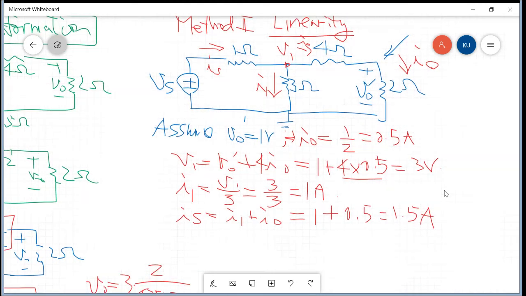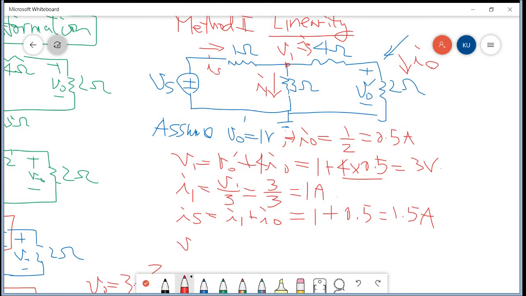So finally, we can get Vs should be V1 plus 1 times Is. 1 is the resistance of this resistor.